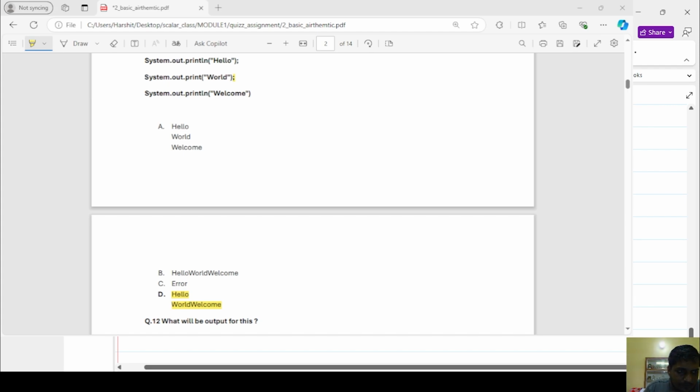Second, an operator operates on operands.